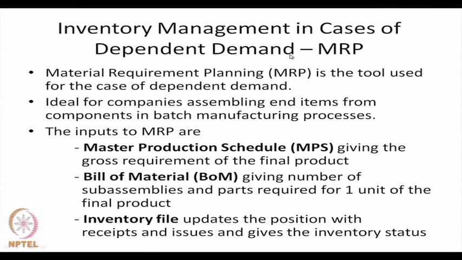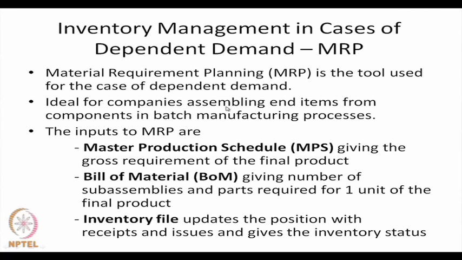The best way to consider a dependent demand case is by considering MRP, the materials requirement planning. Now, first of all, what is this case of dependent demand? It is ideal for companies assembling end items from components in batch manufacturing processes.